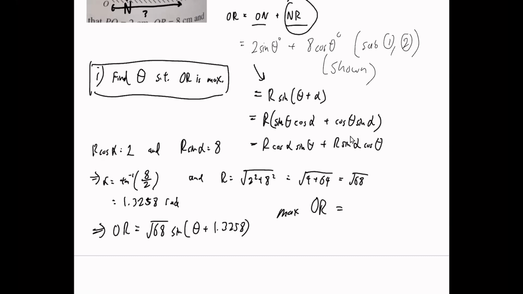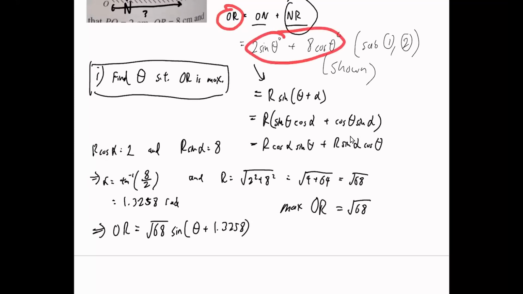Maximum value of OR. Maybe I heard wrongly. Sorry. Did you just say 6? It's not 6. It's square root 68. Can you see that?